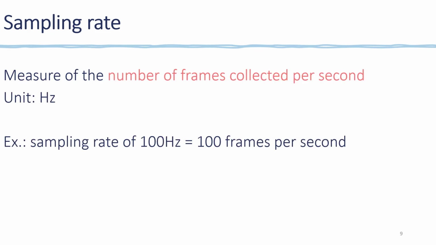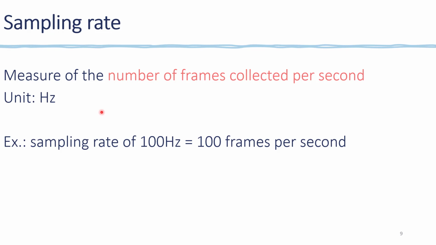Another way to think of sampling rate is as a measure of the number of frames that are collected per second. So that's the unit of measurement. A shorter way of saying frames per second is hertz. So that's the Hz here. It stands for hertz, and that's really the unit of measurement of a sampling rate.